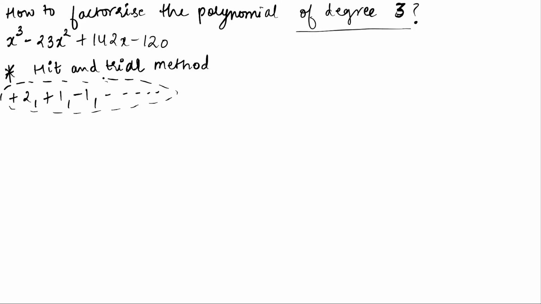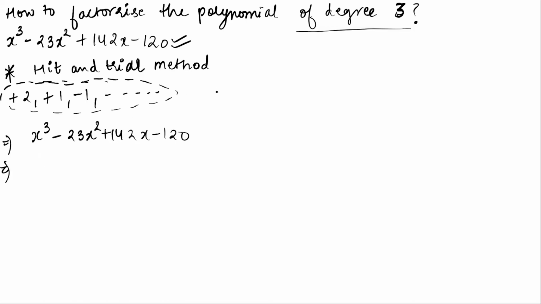Because we are going to put these values in this polynomial. What will happen then? We will see. First, let us select any number of our own choice. Let's say plus 2. If I put plus 2 in x cube minus 23x square plus 142x minus 120.